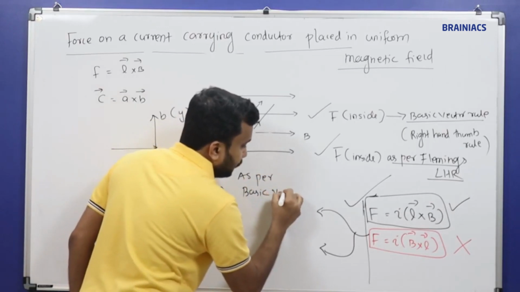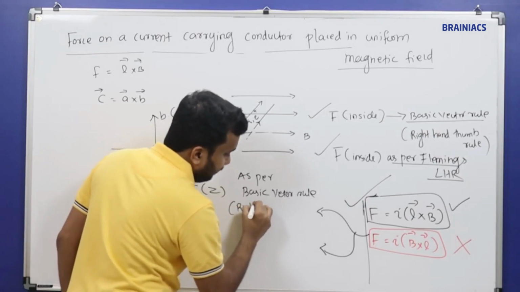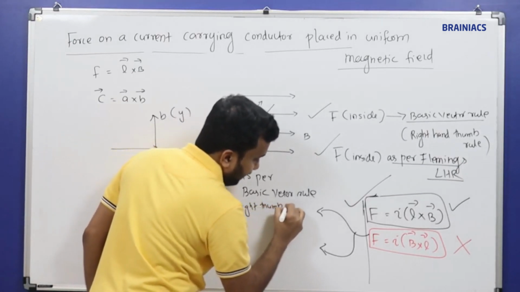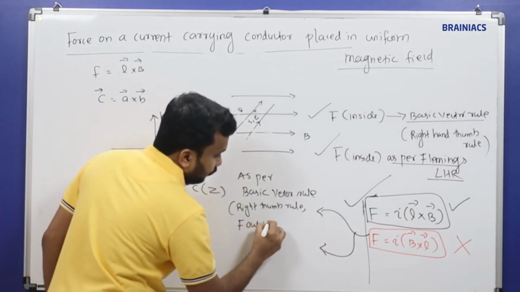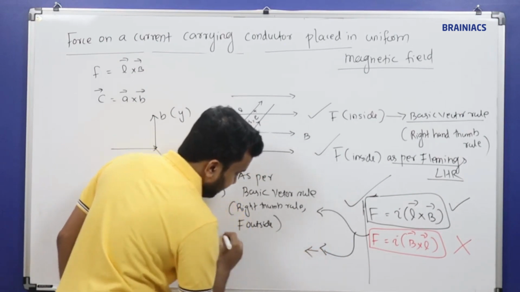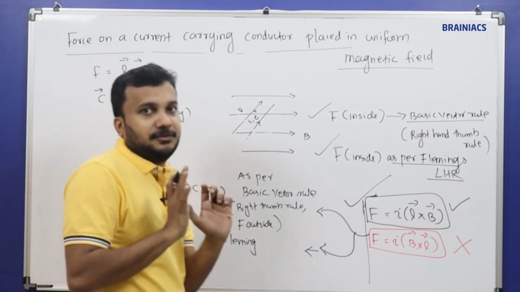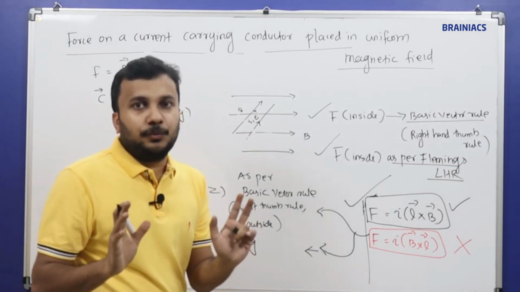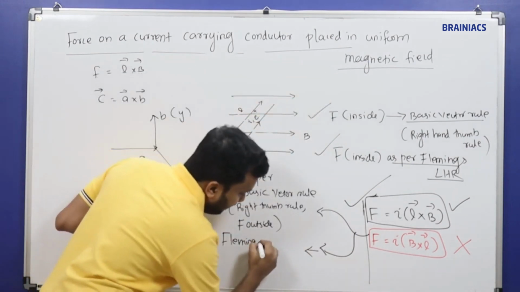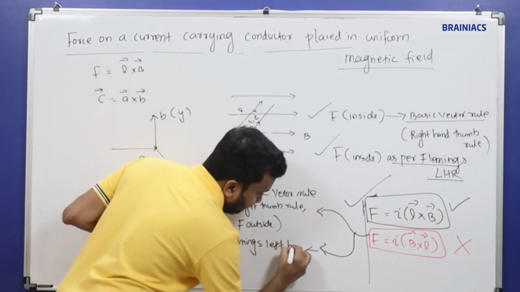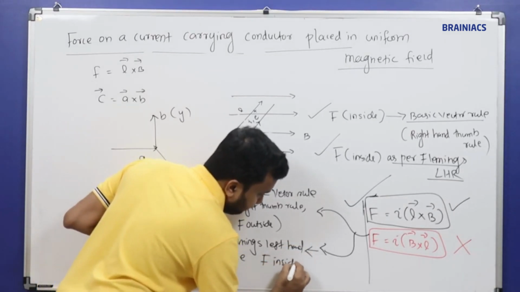As per the basic vector rule, the right hand thumb rule, F is outside. But as per Fleming's left hand rule, Q V cross B, where Q means the positive charged particle direction, V cross B, F is inside.